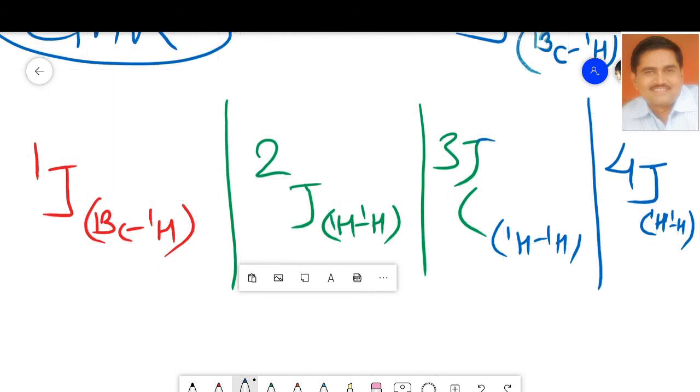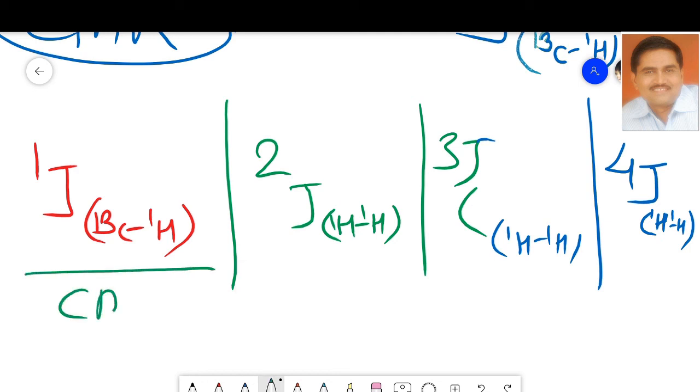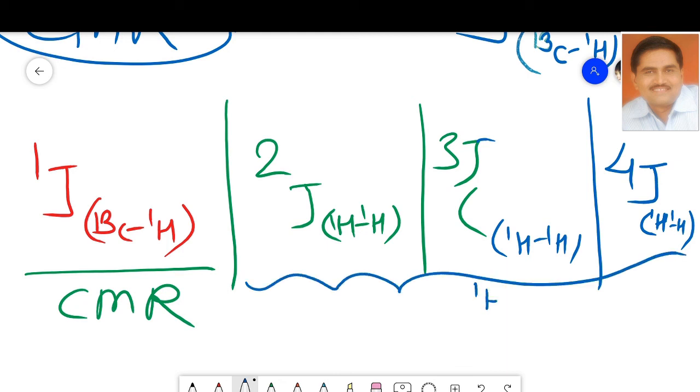Now this is the system notation for different couplings with their coupling constants, and the first one is from CMR and the remaining are from H1 NMR, another name for which is PMR.